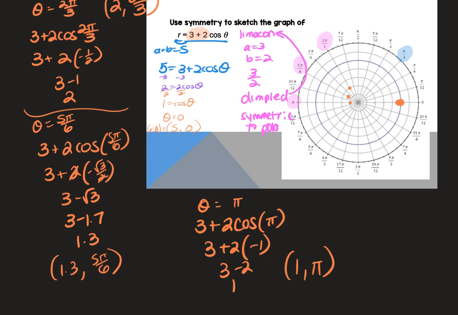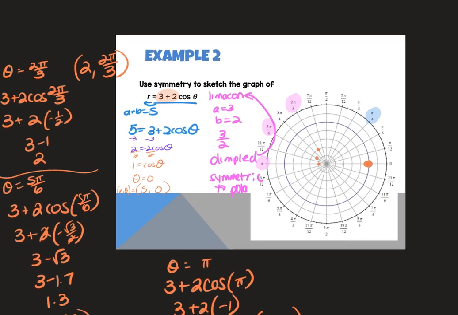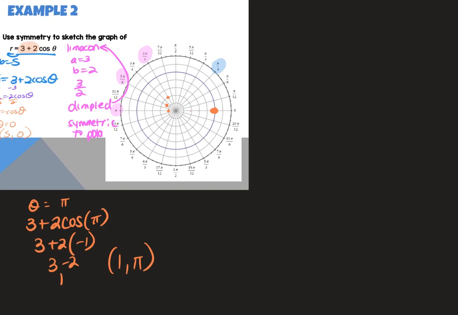With me so far? Okay, so now what's true about my... Oh, I erased the one that was at pi over 4, right? We plugged in pi over 4? No, we didn't plug in pi over 4 yet. I said I was going to plug in pi over 4. Theta equals pi over 4. And I get 3 plus 2 cosine pi over 4. What's the cosine at pi over 4? Root 2 over 2.